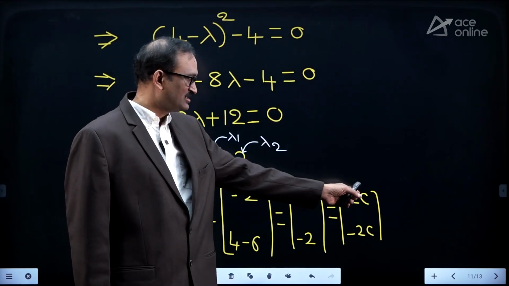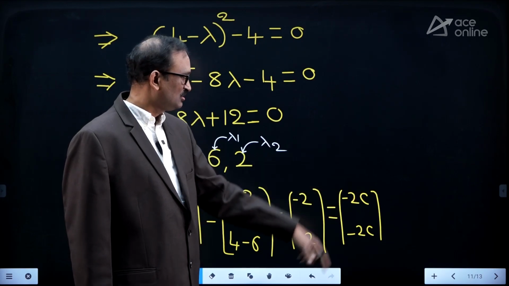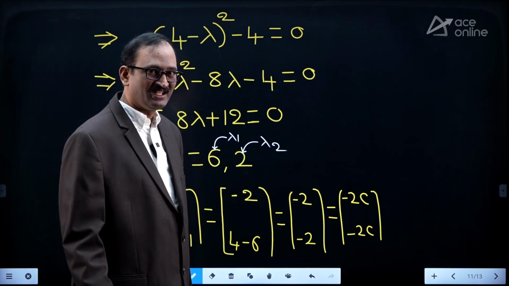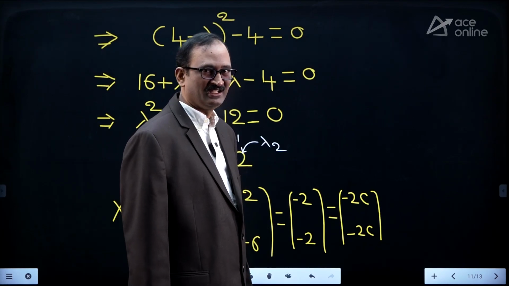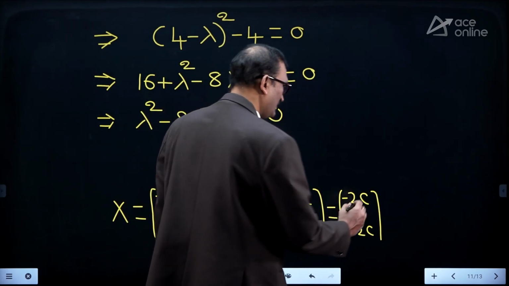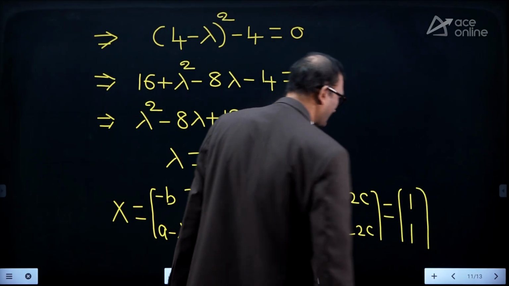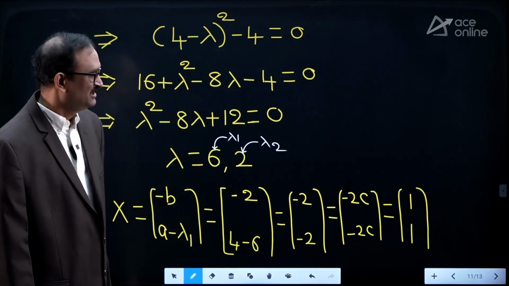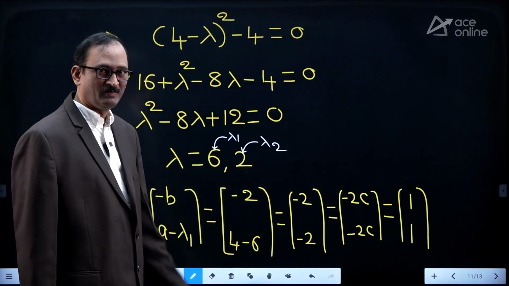That's why I multiply it by c, where c is any real number. I will multiply c by minus 1 by 2. Then one of the eigenvectors is (1, 1). Just to get it in simple form, I brought it to 1, 1 form.